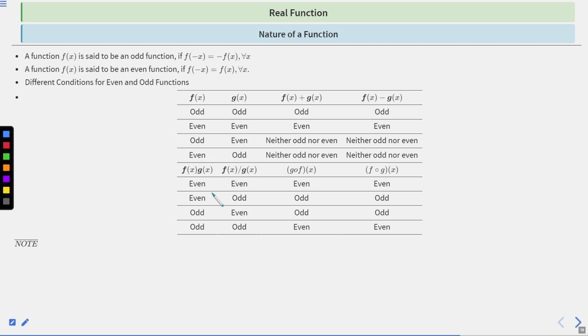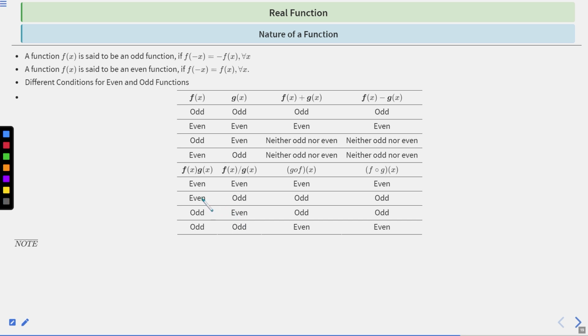Now f(x) into g(x). If f(x) into g(x) is even and f(x) upon g(x) is even, then g(f(x)) is even and f(g(x)) is also even. Also, if f(x) into g(x) is even and f(x) upon g(x) is odd, then if one of them is odd, both g(f(x)) and f(g(x)) are odd, right? Clear?